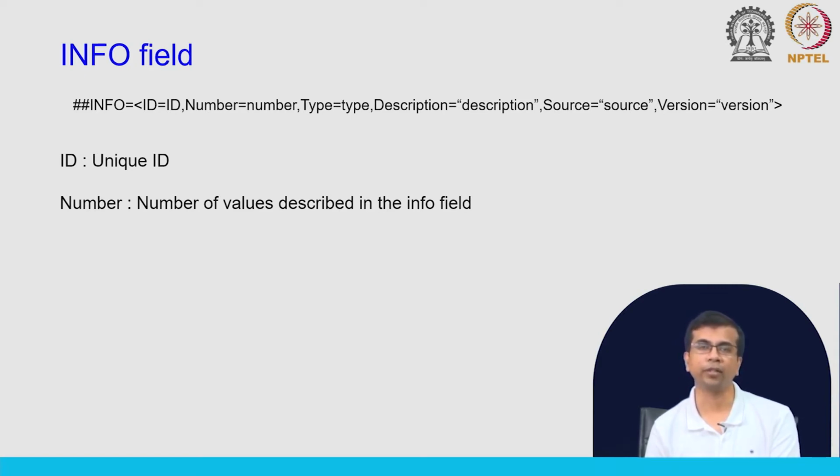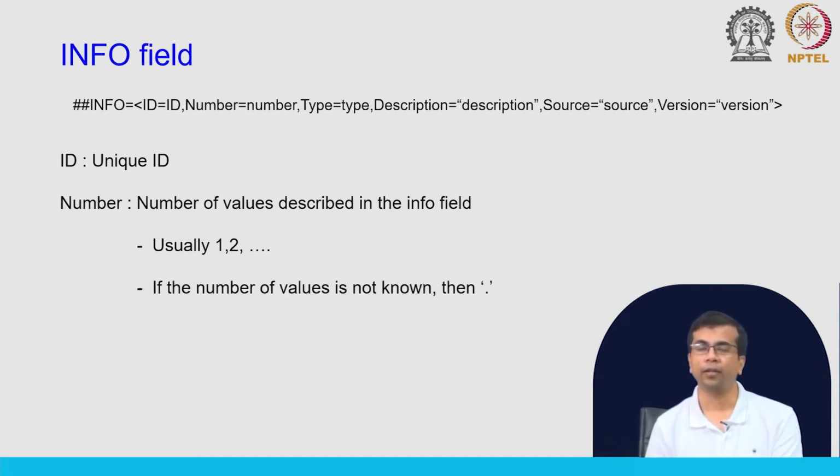Again, this helps us in understanding how to parse this file. Usually this number is 1, 2, etc. So, 1 means we will expect one value for each variant, 2 means two values for each variant, etc. But in some cases the number of values that will be there may not be known, so we have the dot sign.